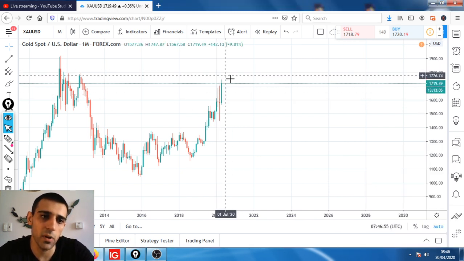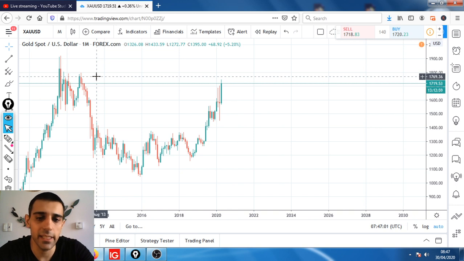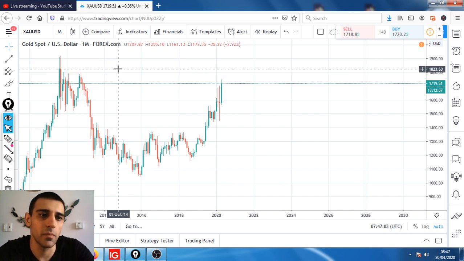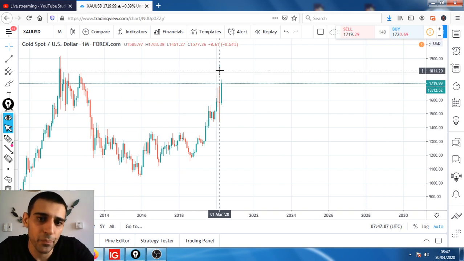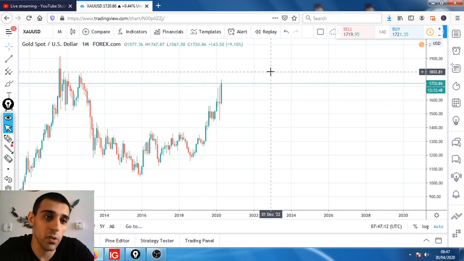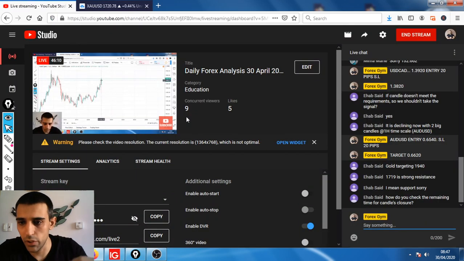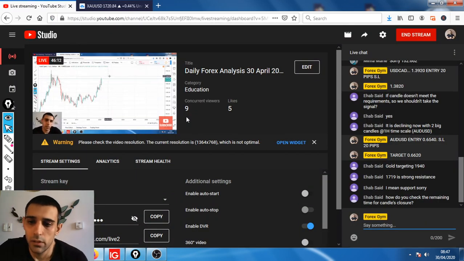There's a good chance the price is going to continue, at very minimum up to this 1770 zone, and a high possibility that it's going to continue to 1830. And with the 8 pip stop loss, you would be looking at a 1 to 10 risk reward, which is amazing. Now let's go back to timing that for the candle's closure.